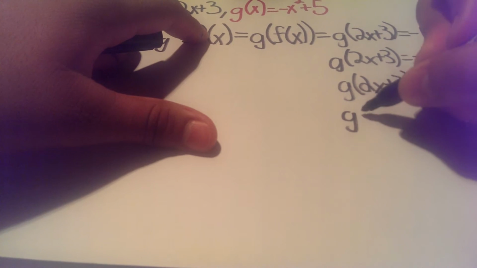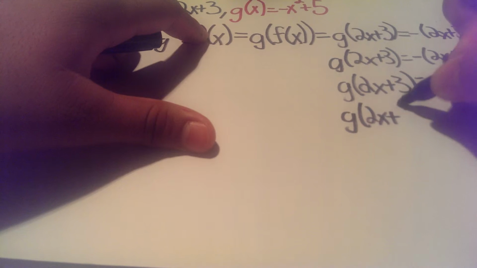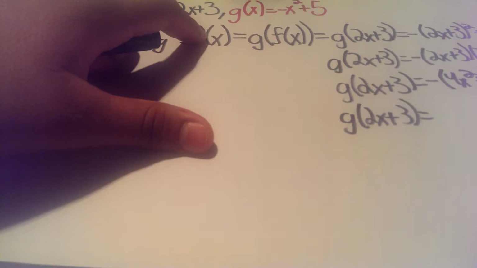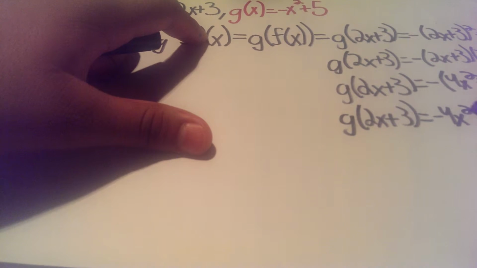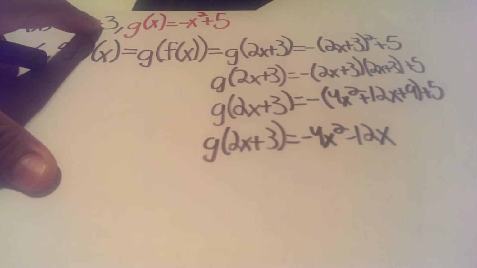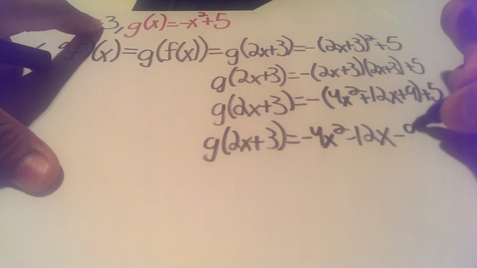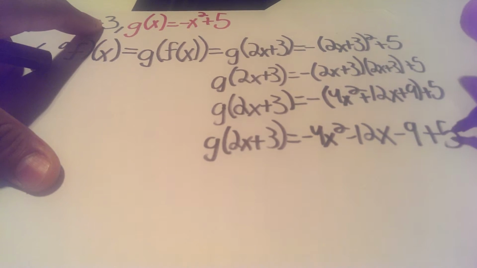So g of 2x plus 3. Now we distribute the negative into the equation. So negative 4x squared minus 12x minus 9 plus 5.